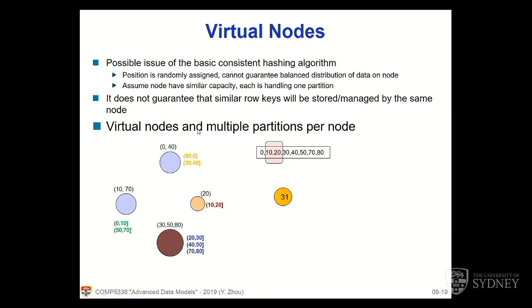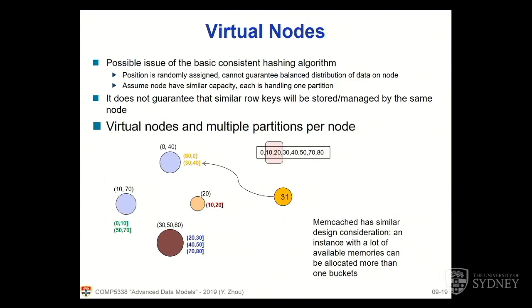So if a key hashes to 31, it's located in the range 30 to 40, which should go here. Basically it's the same thing. The only difference is that instead of using physical nodes, we are having virtual nodes, and each physical node can support 1 or many virtual nodes.